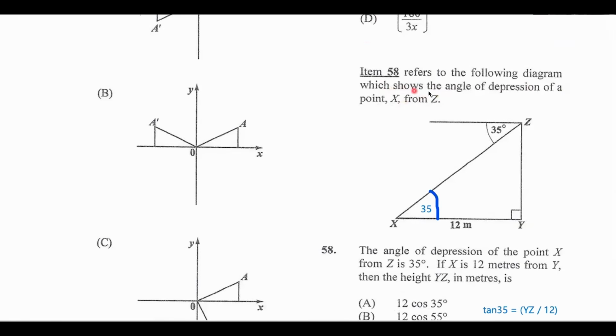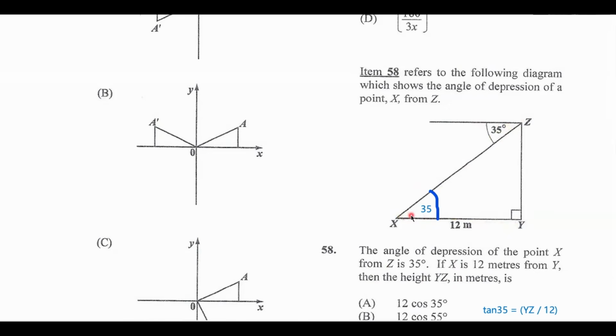Question 58, the diagram shows the angle of depression of a point x from Z. It's depression because it's below the horizontal. The angle of depression at the point x from Z is 35, which you can see here. If x is 12 meters from y, which you can see here, XY is 12 meters, what's the height of YZ? Well, if here is 35, here's also 35, as they form alternate angles.